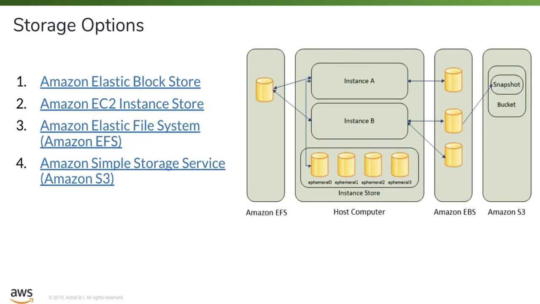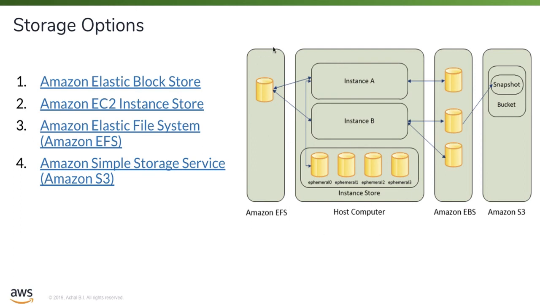Let's understand some of the storage options provided by AWS. There are 4 storage options: one is Elastic Block Store, and there is Instance Store.